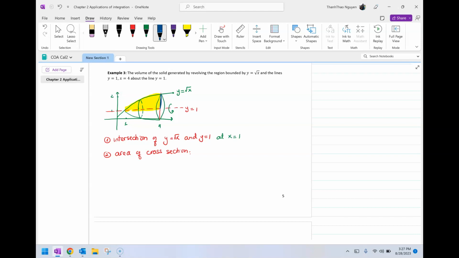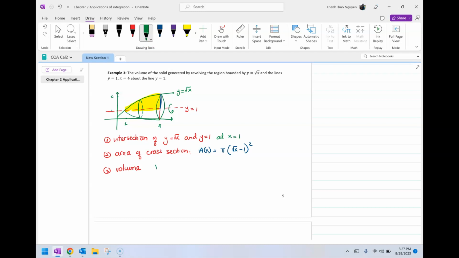The radius is the difference of y equals square root of x and y equal 1. So the area is equal to pi times the radius, square root of x minus 1, squared.